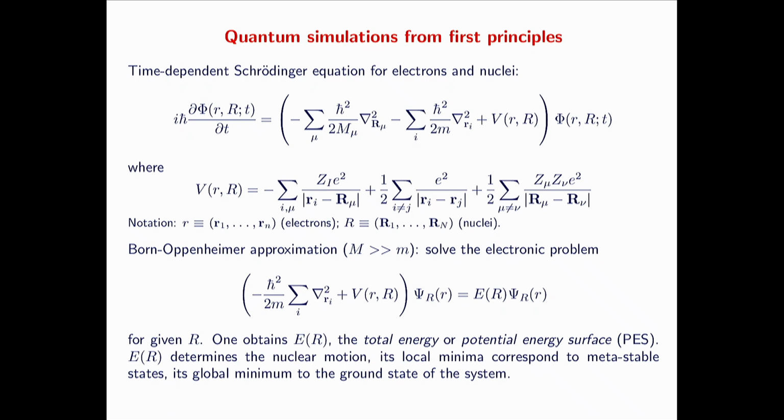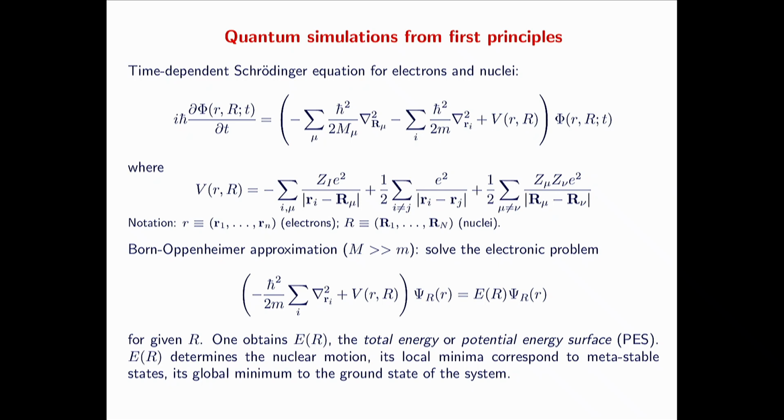Then you put it inside the equation, and by neglecting some terms, in particular the gradient of the electronic part times the gradient of the nuclear part with respect to nuclear positions, you find that you can write an electronic equation like this, in which the potential depends upon the position of nuclei.